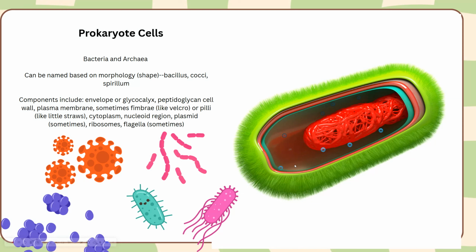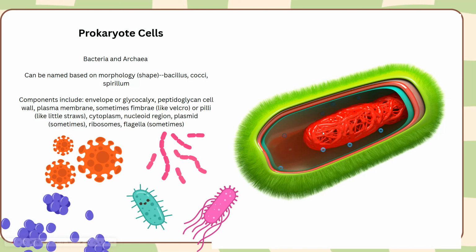We will have a nucleoid region that contains the one circular chromosome chunk of DNA. That is this big red thing on our diagram here. Sometimes we have plasmids, which are smaller chunks of DNA that are sort of like an emergency backup system in case our cell finds itself in new or harsh conditions, that maybe that little chunk of DNA has the code to help it survive.